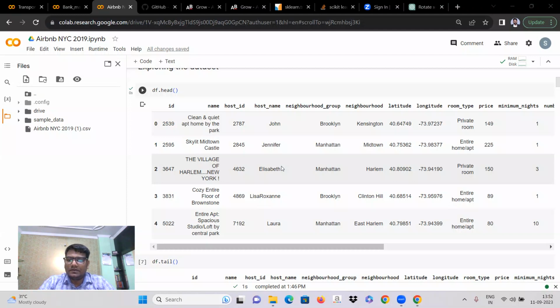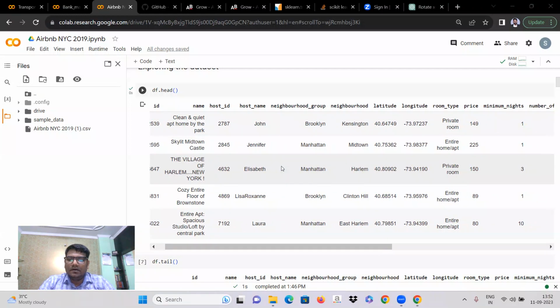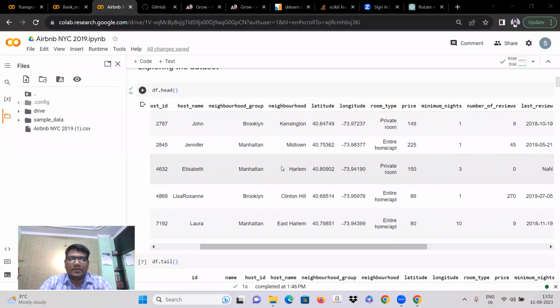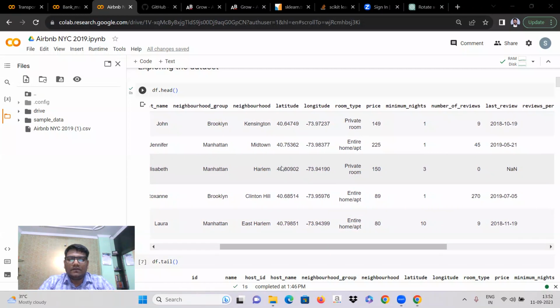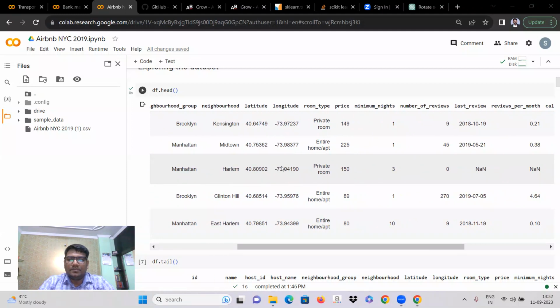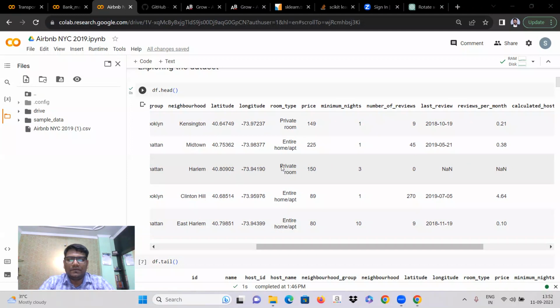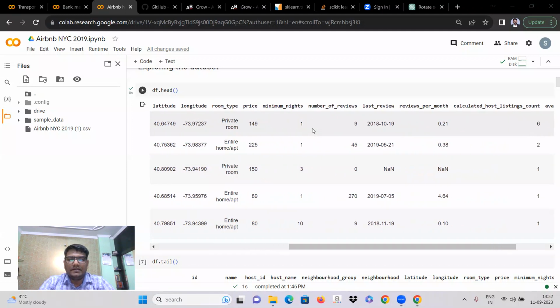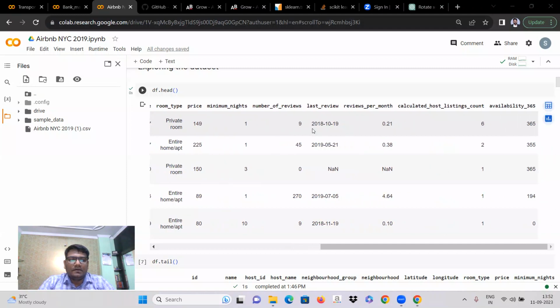The columns consist of information such as ID, name of the place, host ID, host name, neighborhood information, geographical information about the place, the type of room preferred by the customer, price paid by the customer per night, and minimum nights the customer stayed at that residence.